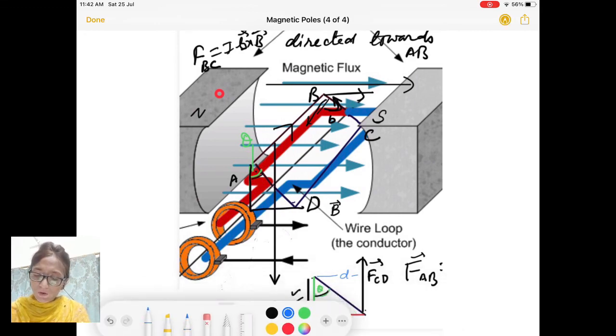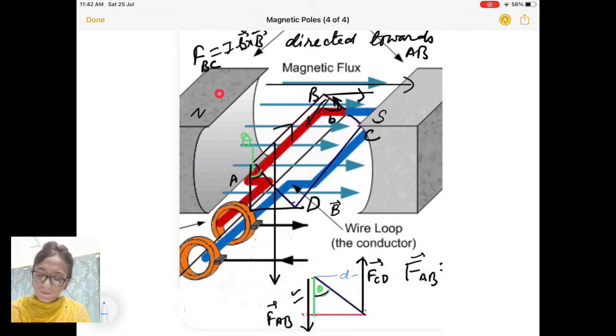This is your perpendicular distance D. Here you can see that the angle from this width of the coil to its downward direction is theta. So what is sine theta?